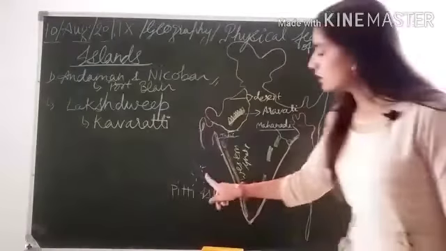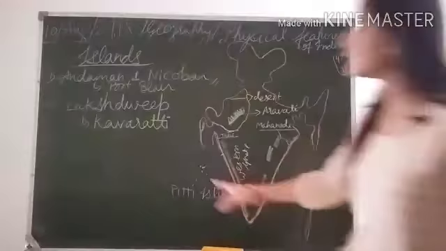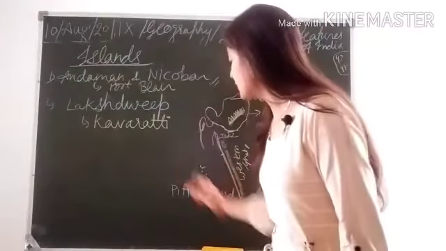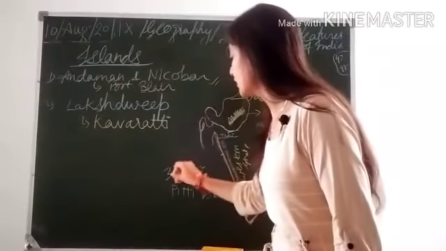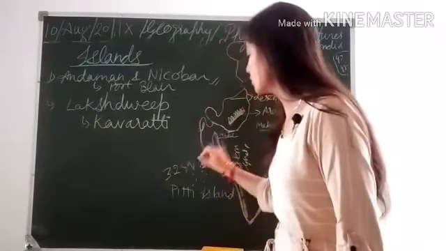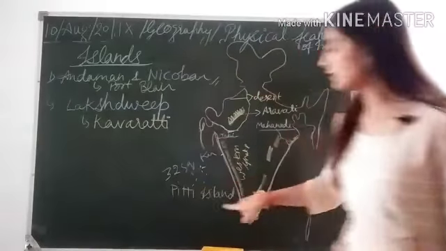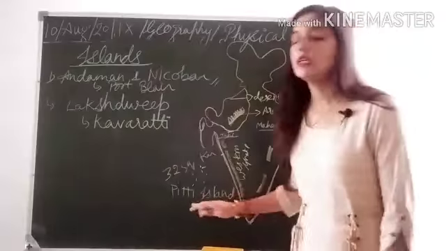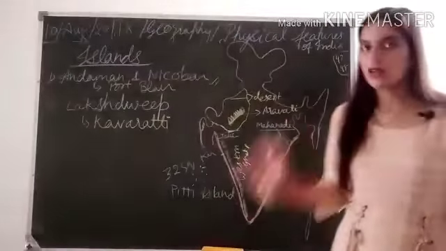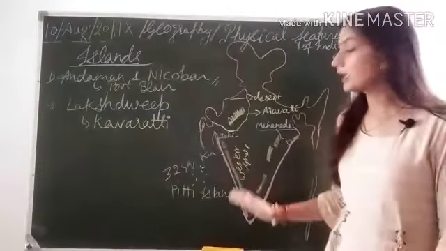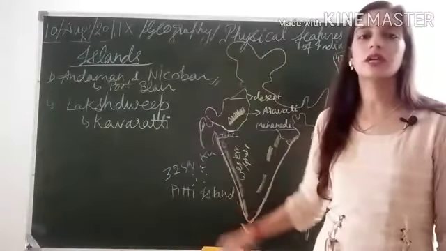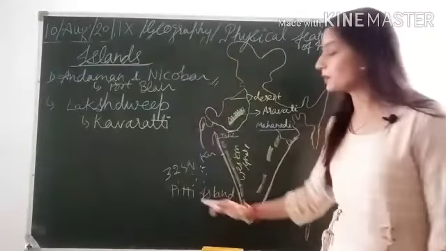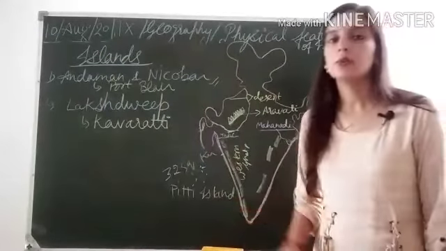Lakshadweep covers a total area of 32 square kilometers. In this there is Piti Island, which is uninhabited, nobody lives here, and it has been converted into a bird sanctuary.